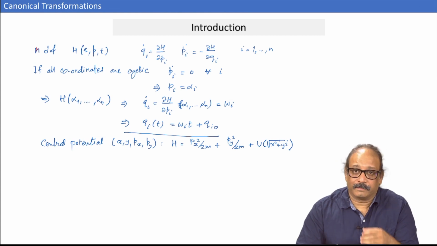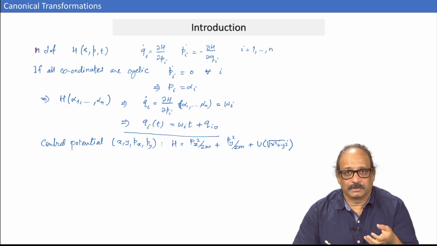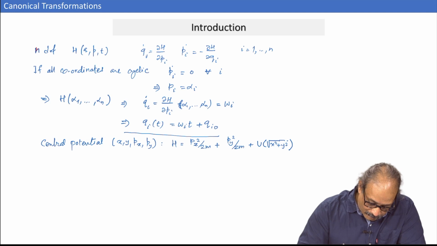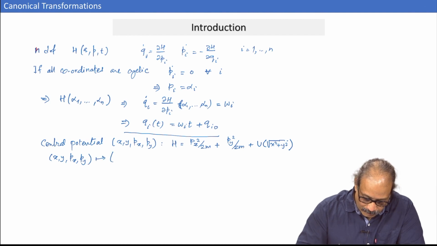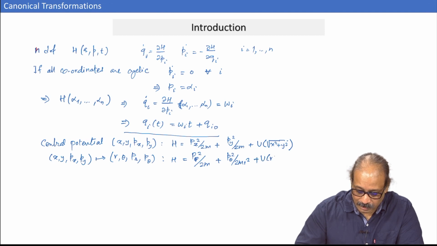Now, make a change of variable. We already know that the plane polar coordinates would be a more suitable choice here. So, if I make a transformation from x, y, p x, p y to r, theta, p r, p theta, what would the Hamiltonian look like? The Hamiltonian looks like p r square by 2 m plus p theta square by 2 m r square plus U of r.